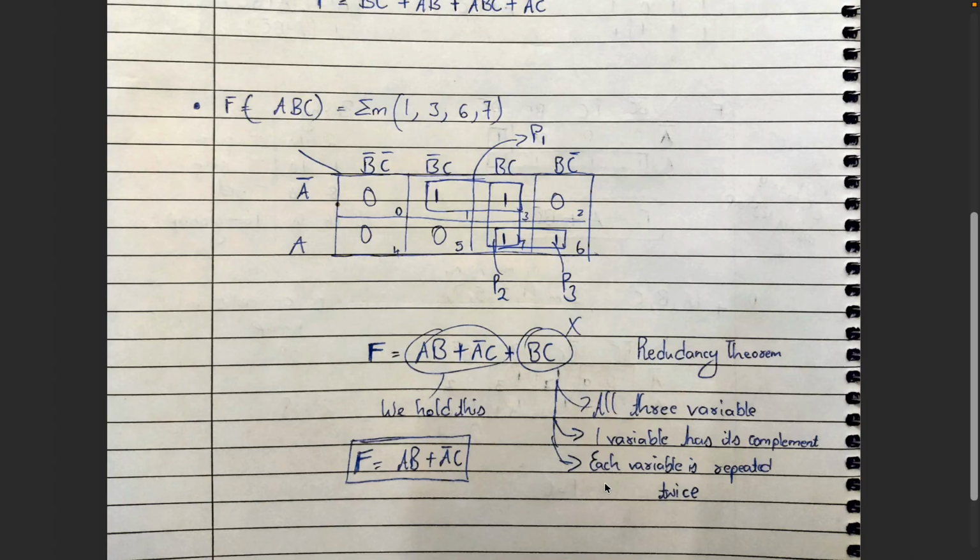The last condition is that each variable is repeated twice. Does that happen? Yes. A is repeated twice, B is repeated twice, C is also repeated twice. So what we do is we cut down whatever is in common in the last term and we just keep this. So this is our final expression.